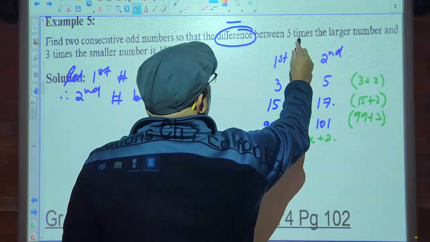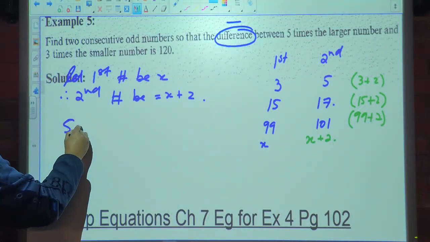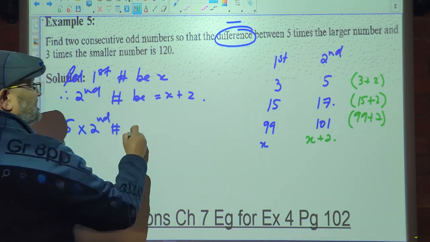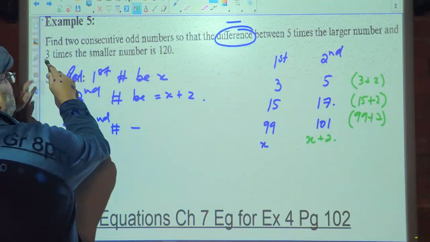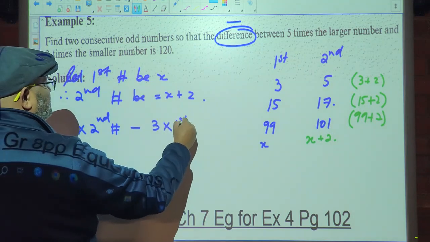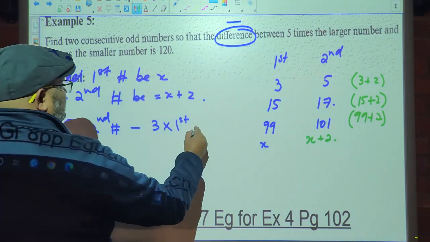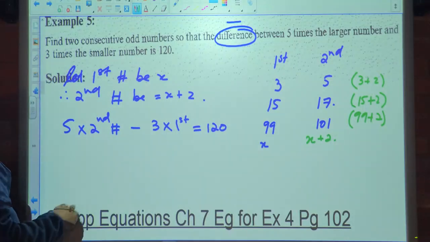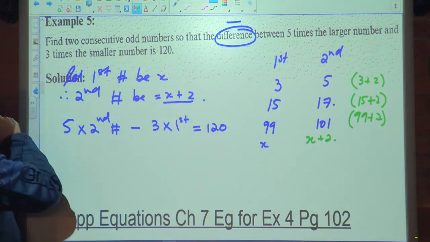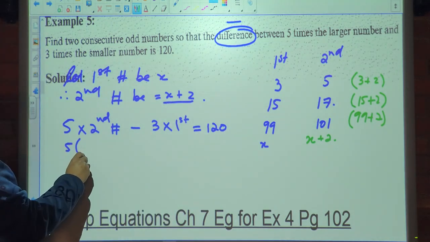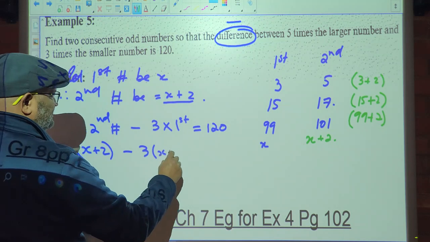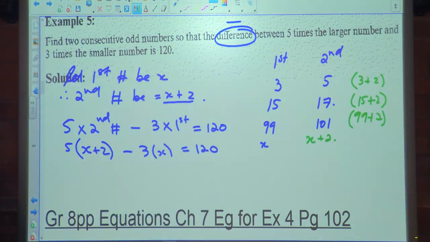So it's 5 times the second number minus 3 times the first number, and that gives us an answer of 120. So what's the value of the second number? x plus 2. So it's 5 into x plus 2 minus 3 into the first number, x, equals 120.